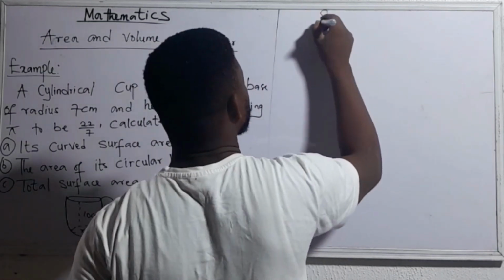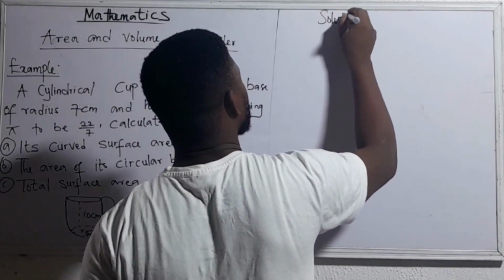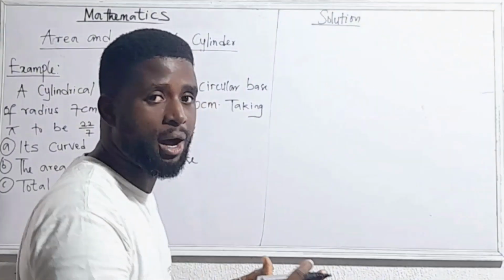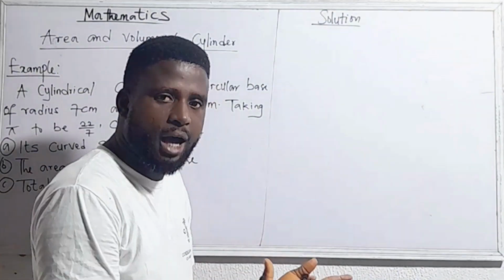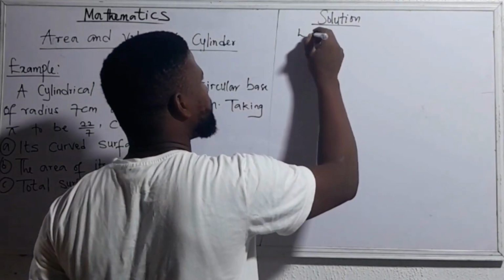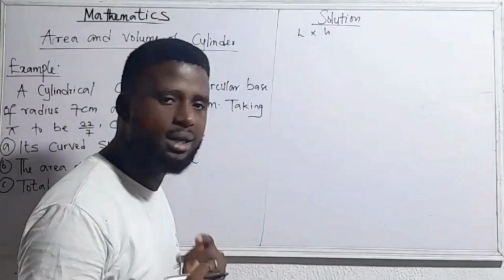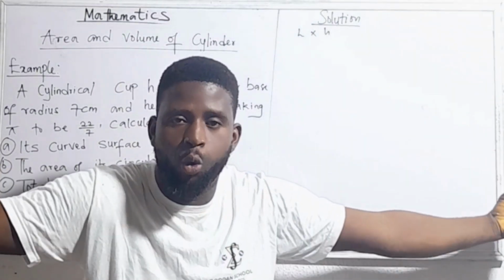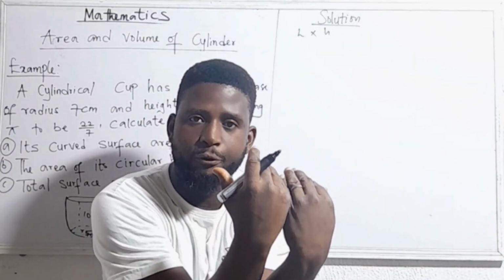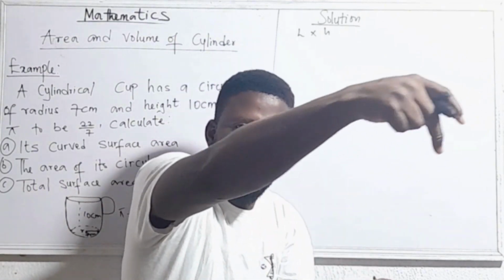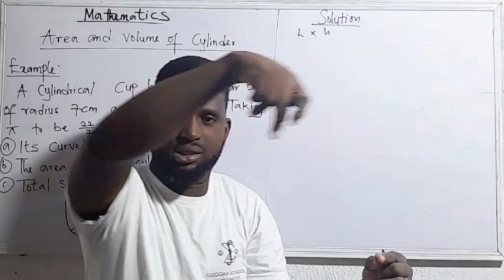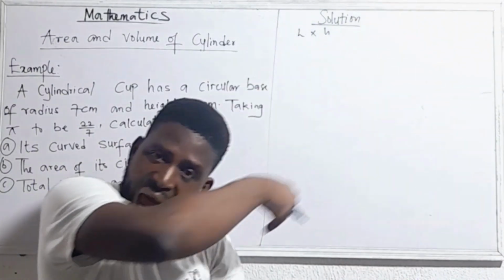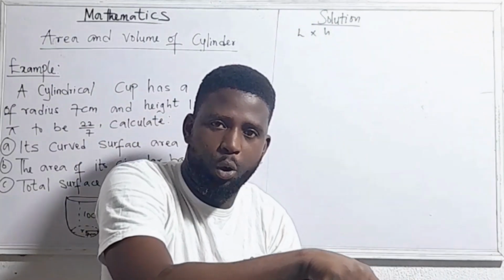Now, remember that the curved surface area, when stretched, is a rectangle, which is length times height, right? But then, if you look at the length of that rectangle when brought back to a cylindrical form, it is the circumference of a circle, that is the total distance from a point round that circle back to that point, right?